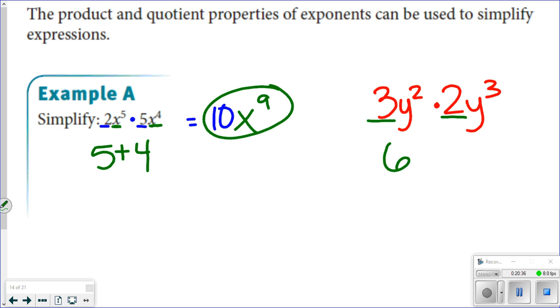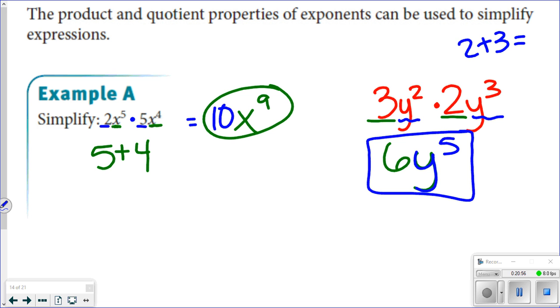And then I'm going to multiply y squared times y cubed, which makes me keep the base of y. And what do we do with the exponents? Add them. So 2 plus 3 gives us 5. And that's my final answer. So you can get in the habit of circling it or putting a box around it so I can easily find it.